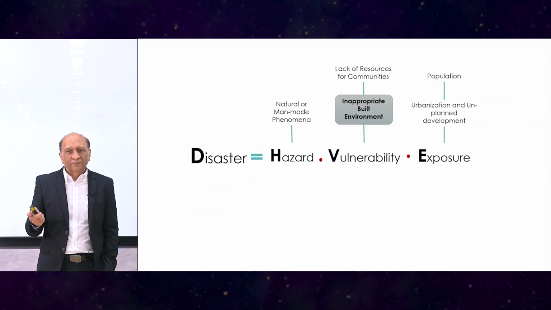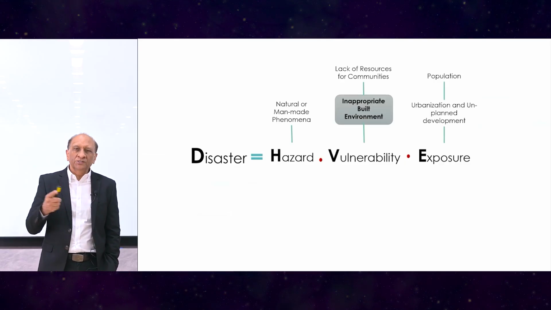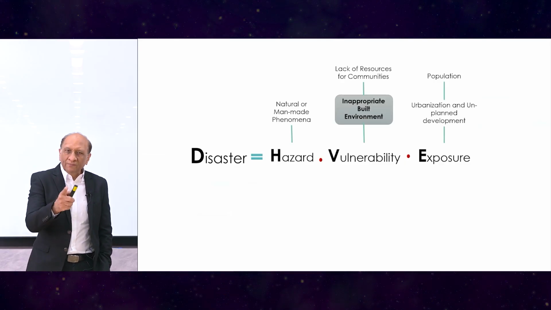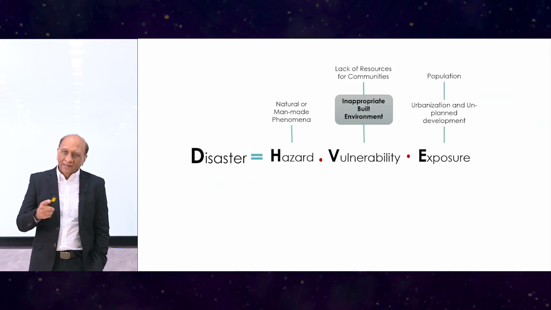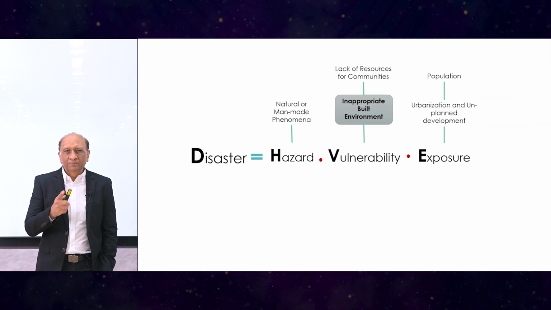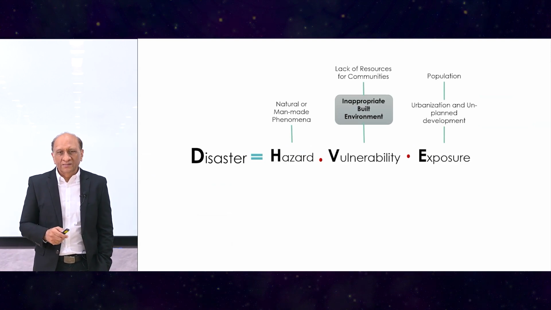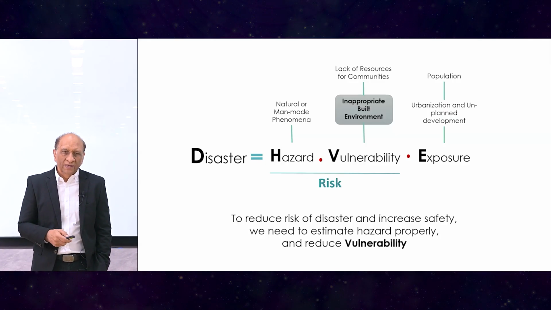Exposure depends on the growth, urban population, planning, and so on. But the vulnerability of a structure is entirely the structural engineers' and architects' domain. So if we reduce the vulnerability, we can reduce the disaster risk. That's the intent. That's why we need to make sure that the structure is actually safe.